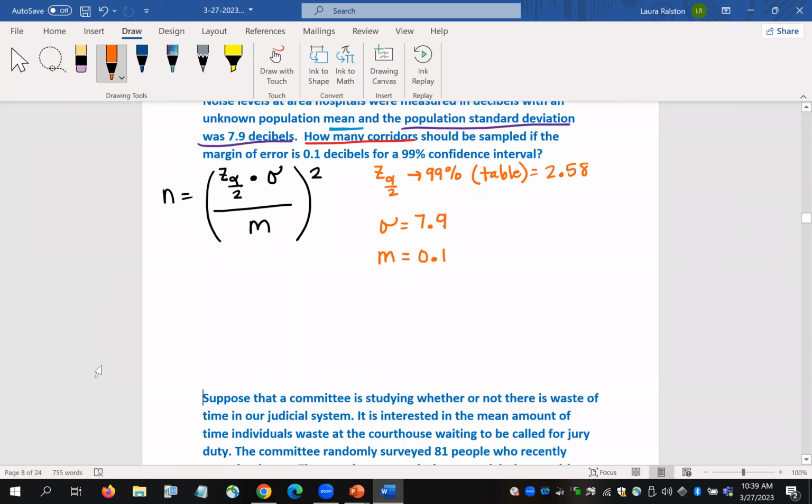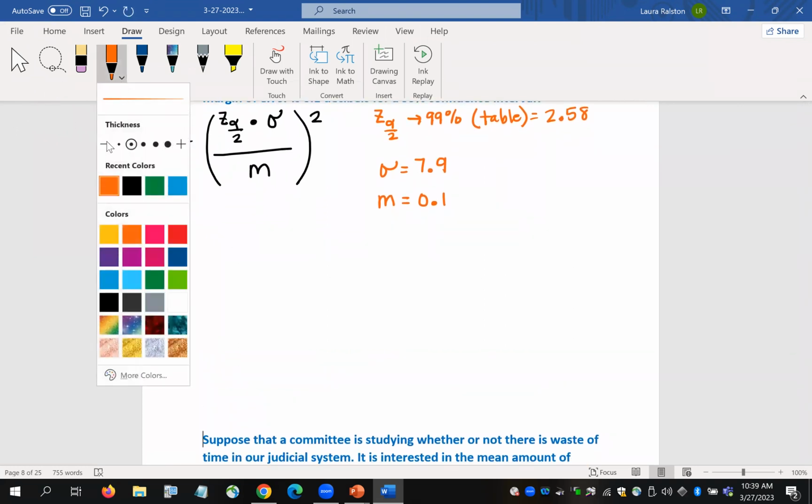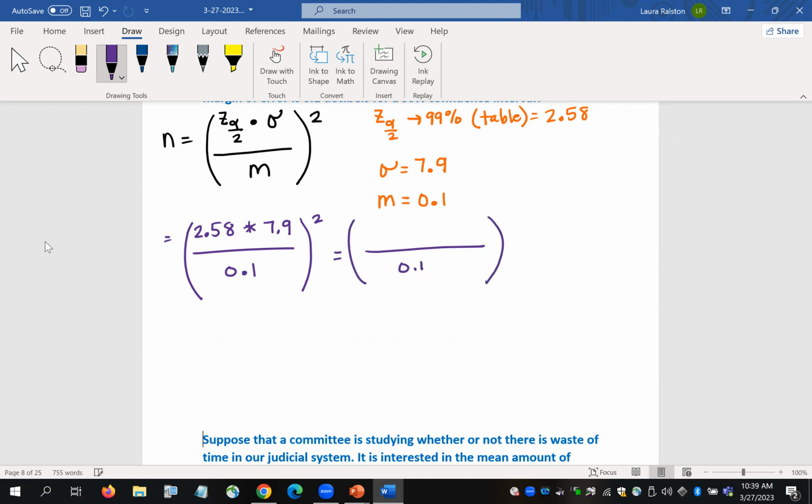Once I've identified all of that information, it becomes a plug and chug. I'm going to substitute all of the numbers into the formula. I would have 2.58 times 7.9 divided by 1/10. It's important that you follow order of operations.